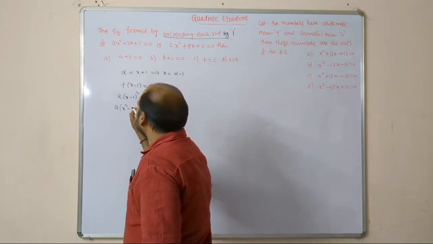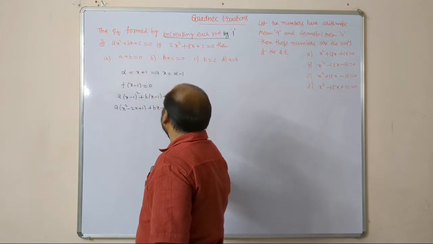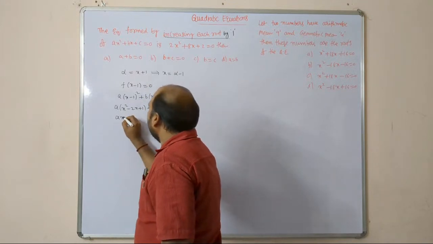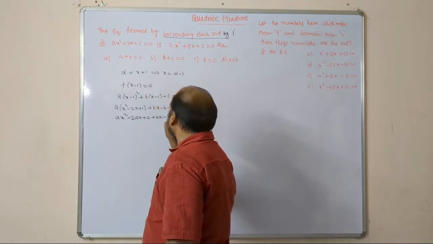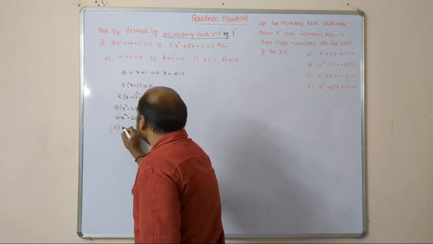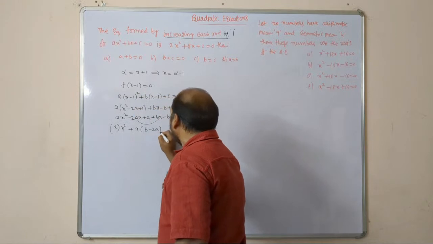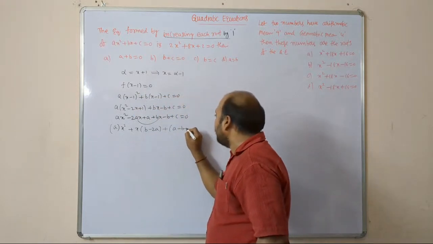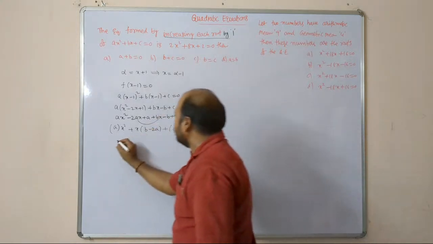A into x square minus 2x plus 1, plus bx minus b plus c equal to 0. Ax square minus 2ax plus a plus bx minus b plus c equal to 0. So a into x square, from these two x terms take common: b minus 2a, plus a minus b plus c equal to 0. This is the quadratic equation, dear students.